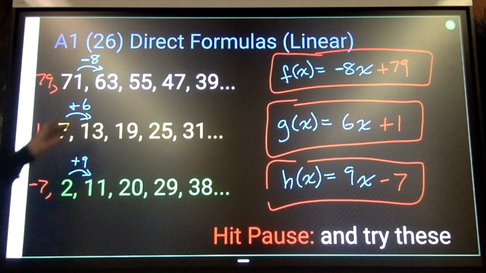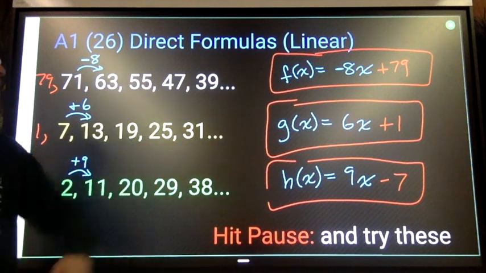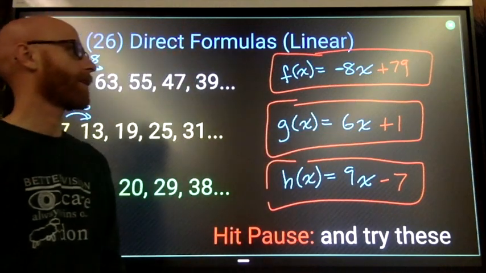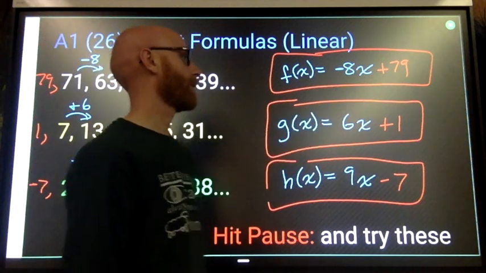That's how it's done, and then I could find any term in the entire sequence. If I wanted to find a 200th term, just put 200 in for x. If I wanted to find a 5,000th term, put 5,000 in for x.